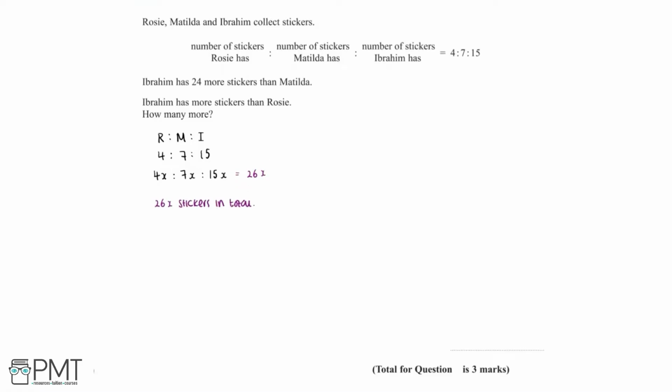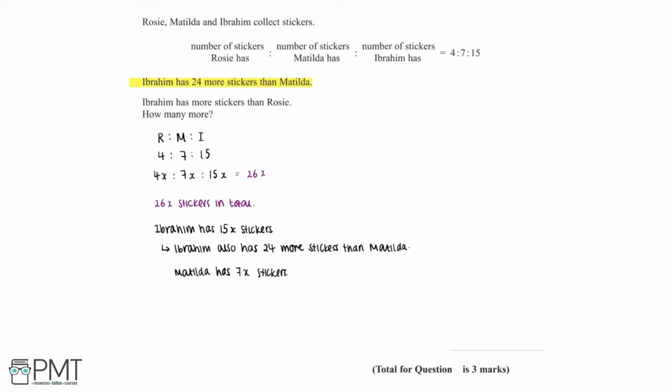Now we know that Ibrahim has 15x stickers, but we're also told that Ibrahim has 24 more stickers than Matilda. Using algebra, we can see that Matilda has 7x stickers. And so if Ibrahim has 24 more stickers than Matilda, and Matilda has 7x stickers, we can say that Ibrahim has 7x plus 24 stickers in total. And so we know two facts about Ibrahim.